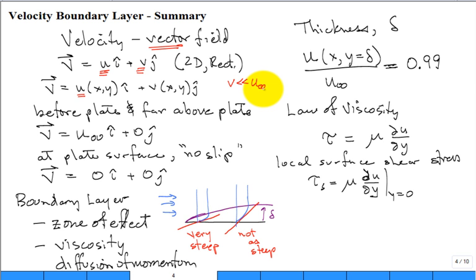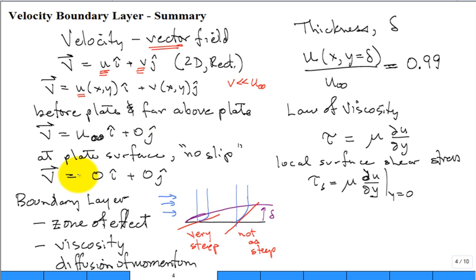So often, that's one of the key observations. The flow has to migrate up a little bit, so there's just a little bit of V in there. But mainly V is 0. Free stream, it is 0. So before the plate and far above the plate, it's just U infinity I plus 0 J.